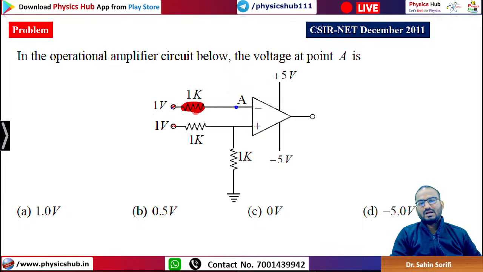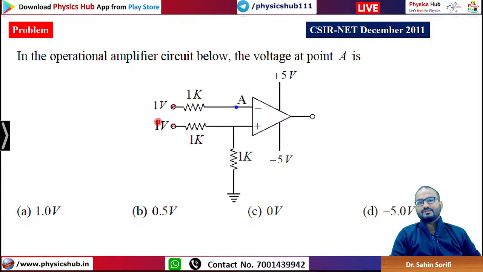If there is no current flow through this resistance, will there be any drop? A resistor will do its job only when you are trying to send current through it. Only when current is flowing through it, then only resistance will do its job.